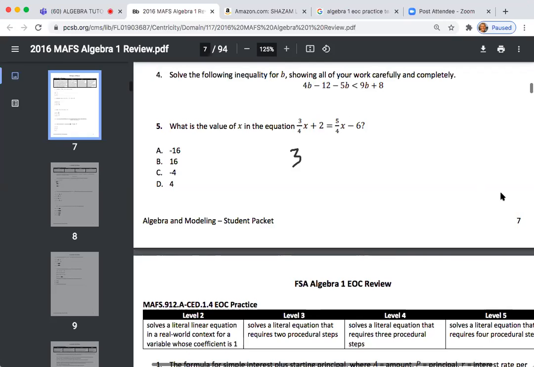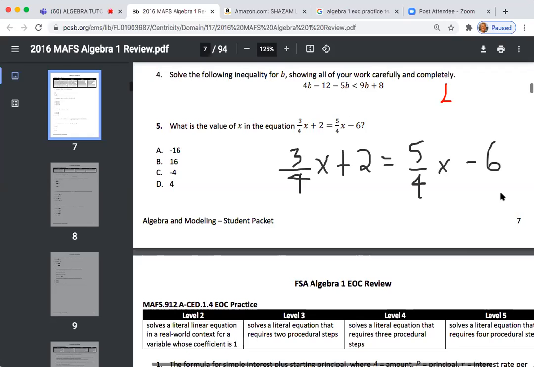For number 5, you notice that there's a whole bunch of fractions in there. Actually, there's 2 fractions, okay? So most students prefer not to work with fractions. So since students prefer not to work with fractions, the first step in completing this problem is to go ahead and eliminate the fractions out, okay? This one is an easy case in that the denominators are the same.